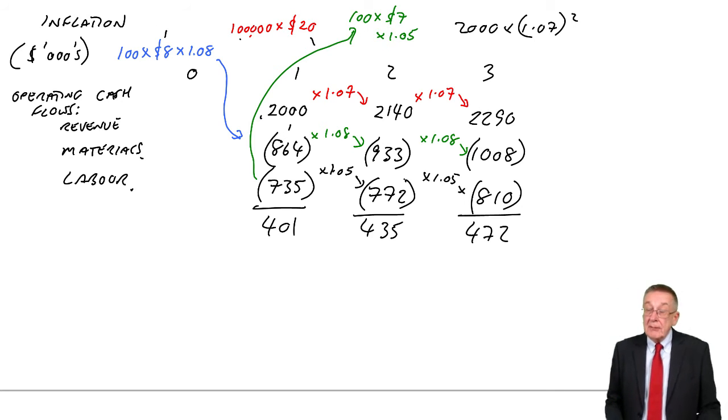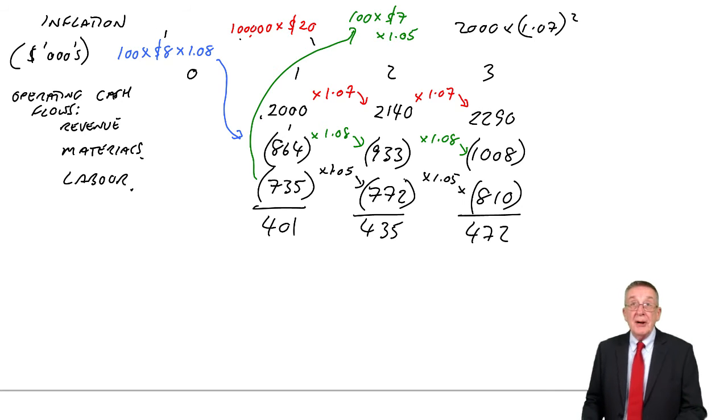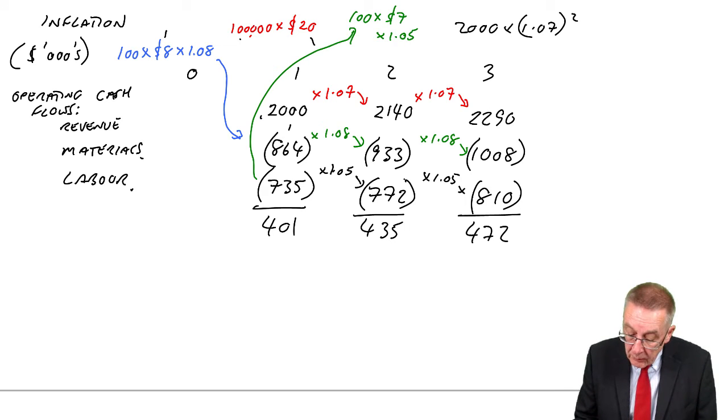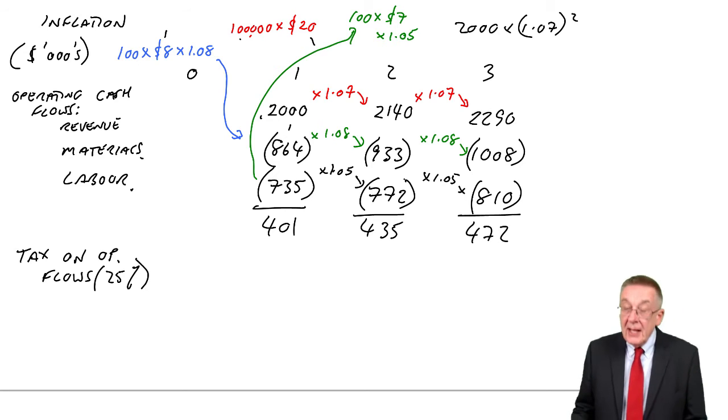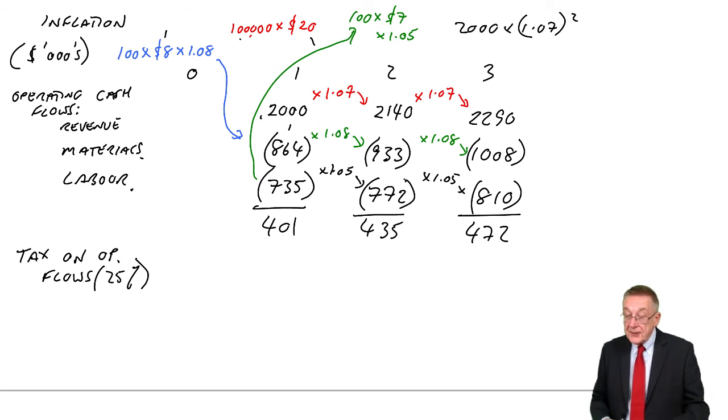What do we do next? Well, I think all the rest of it we already know how to deal with. We work out the tax on the operating flows. At what rate is it? Here it's 25%. And it's 1 year in arrears.